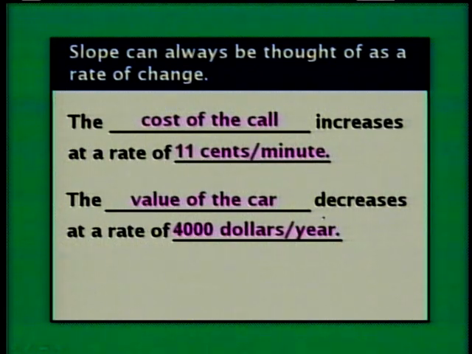If I said the value of the car decreases at a rate of negative $4,000 per year, I'd have a double negative and it would actually be increasing. So whenever we're talking about a line which is decreasing and we're interpreting the slope in practical terms, we need to make sure that we say the dependent quantity, whatever that is, value of the car in this case, decreases at a rate of the absolute value of the slope. In this case, $4,000 per year.